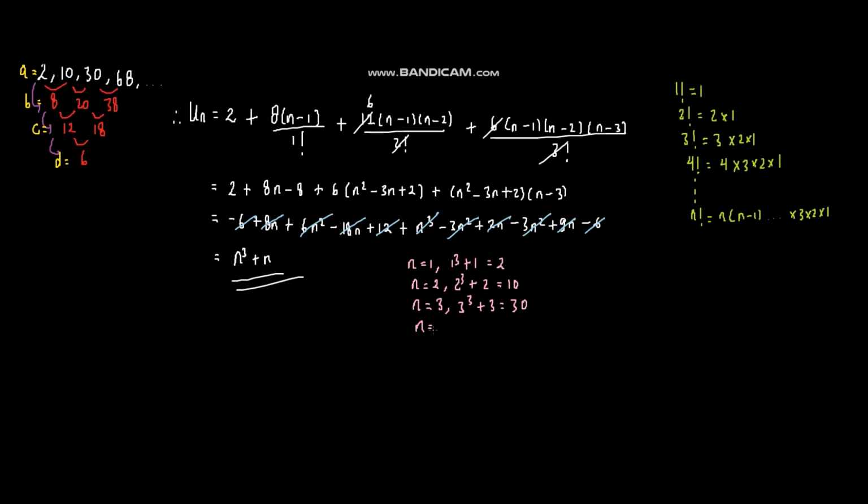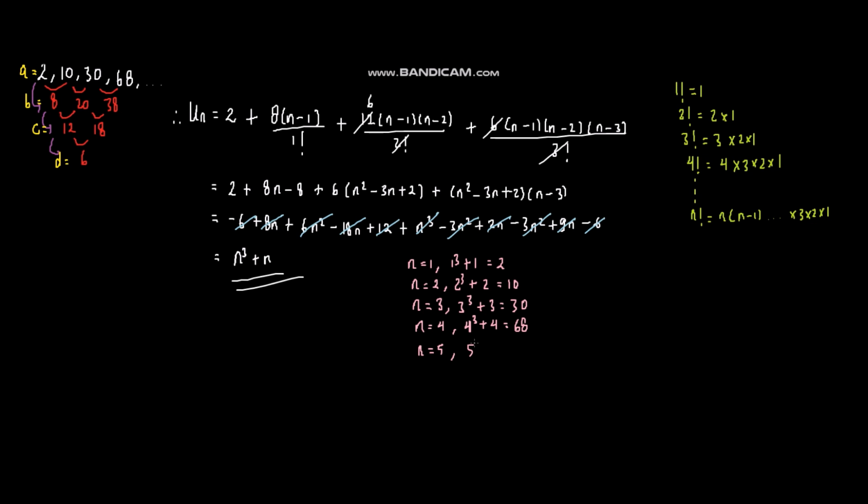n equals 4. It's 4 cubed plus 4. 4 cubed is 64 plus 4, 68. Right? So, yeah, 68, 68. And we can find even the fifth term.